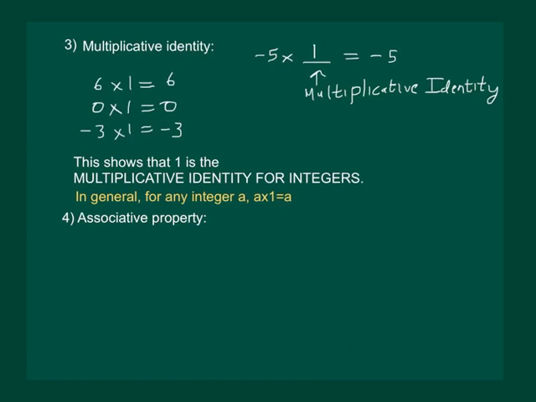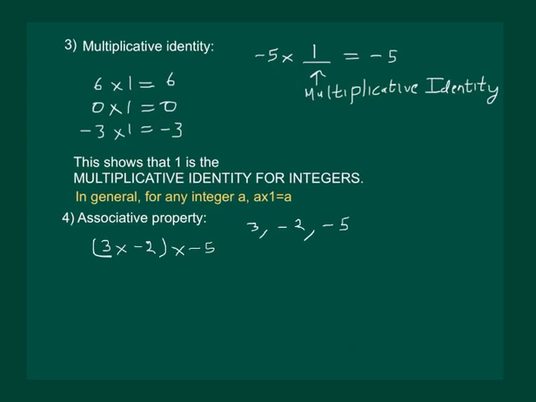Next property is the associative property. We take three integers, say 3, minus 2 and minus 5. Now to perform multiplication, we group 3 and minus 2 together and then multiply by minus 5.